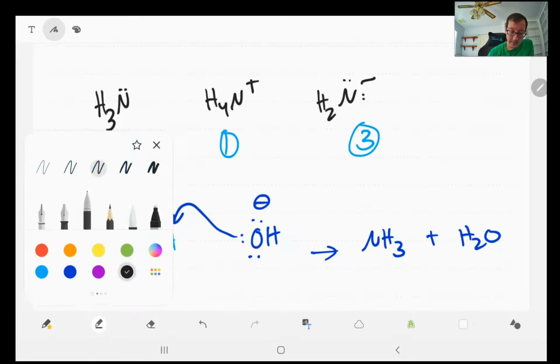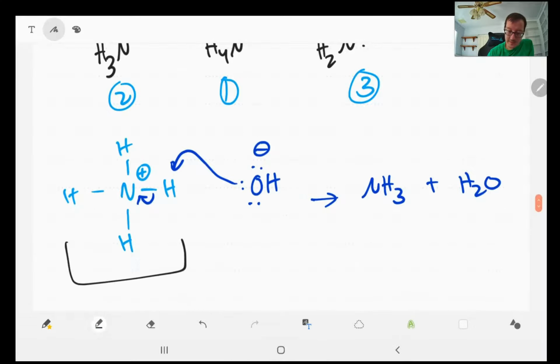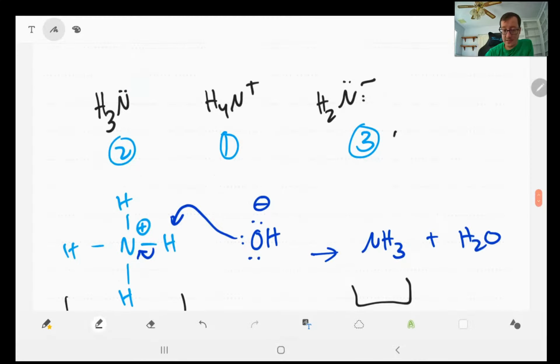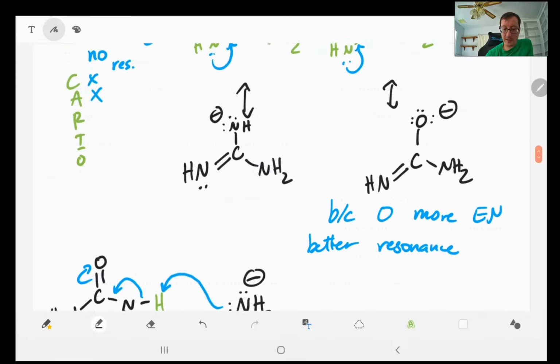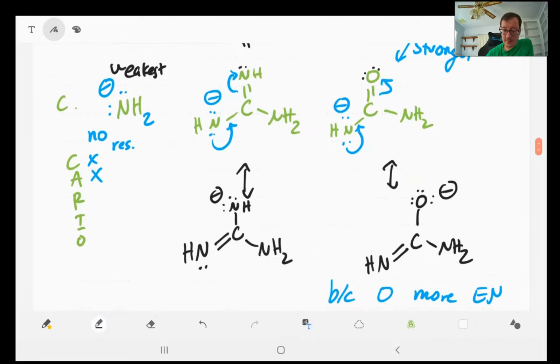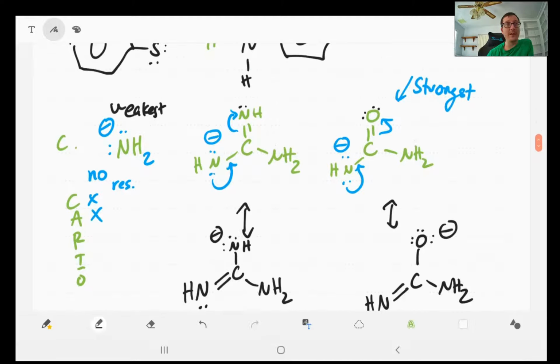If we compare this to this, the ammonium to the ammonia, we see that this is actually the more stable one. We actually have our conjugate base more stable than the acid. And that's not something you can say for many of these. Like with these last ones, they're just happy to be regular. They don't want to necessarily be acids.